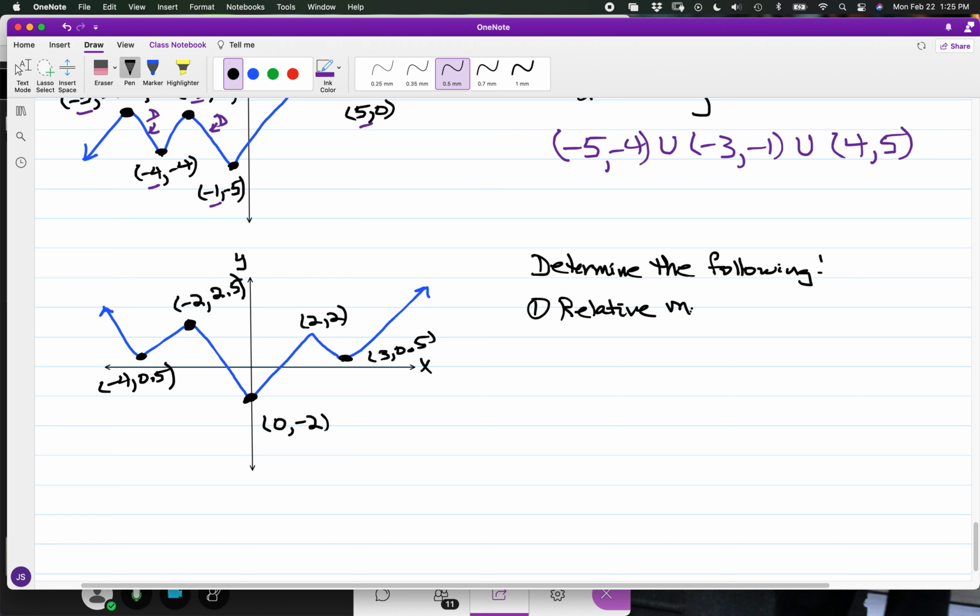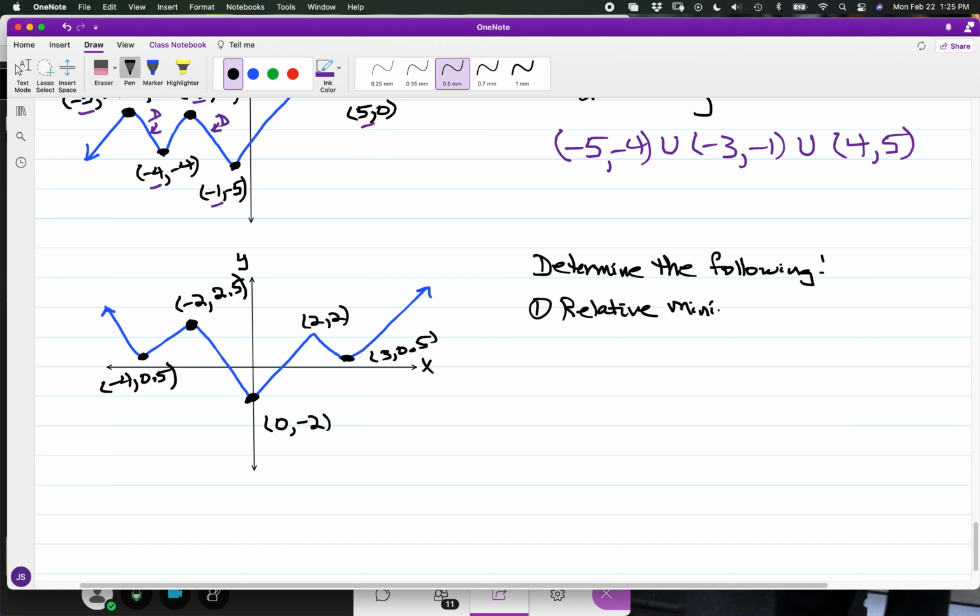It's kind of a repeating pattern. Say we're looking for the relative minimum, where the relative minima occur.